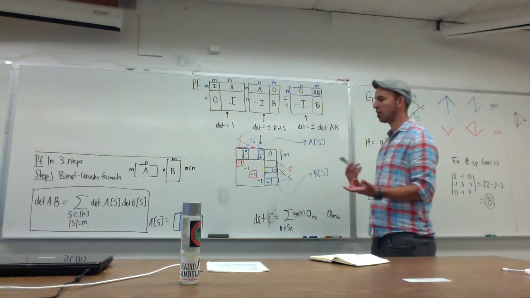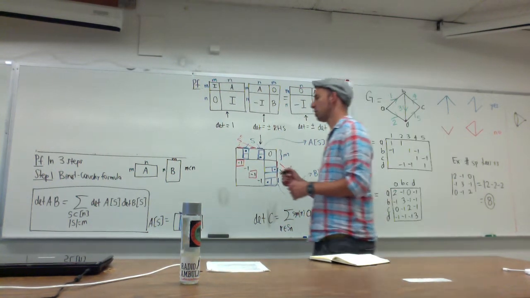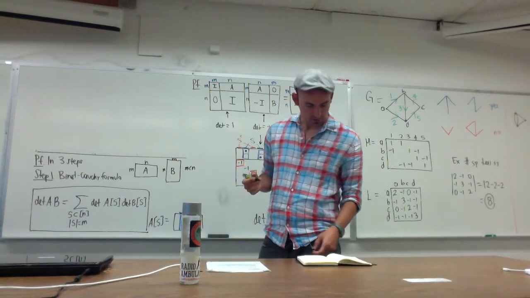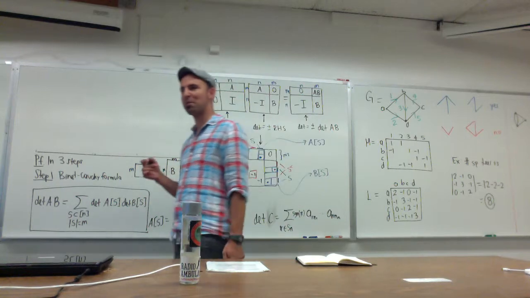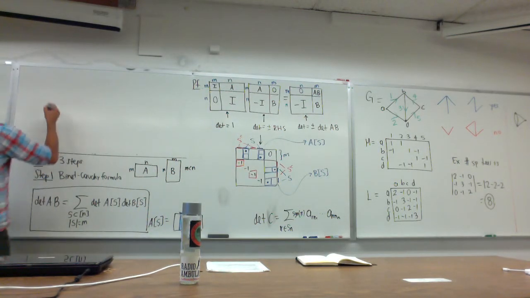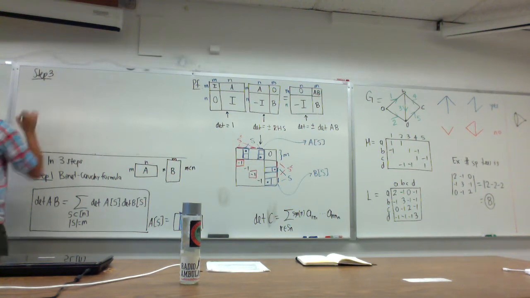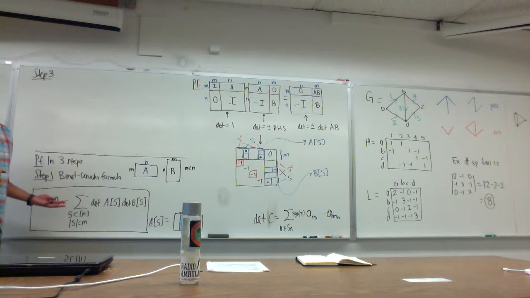And so what am I trying to do? Actually, I think it's more useful to do step 3 first, and then we'll see what step 2 should be. Step 3. We were trying to compute the determinant of the Laplacian and show that it's the number of spanning trees.